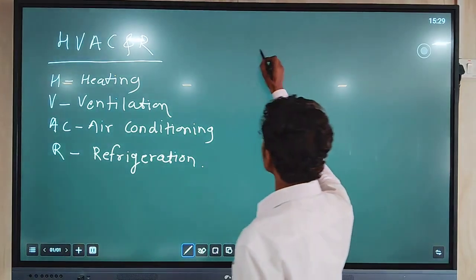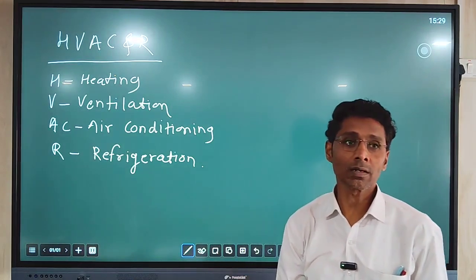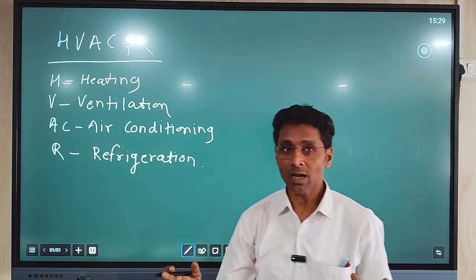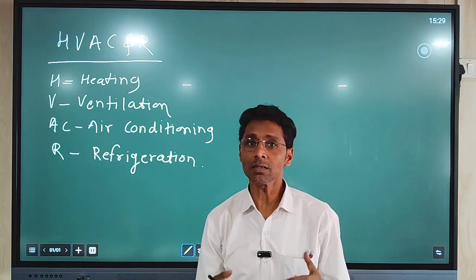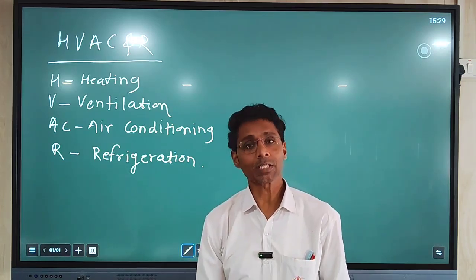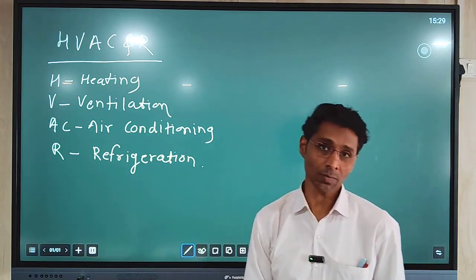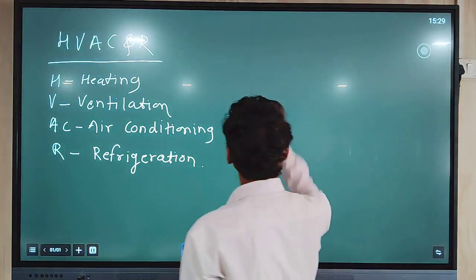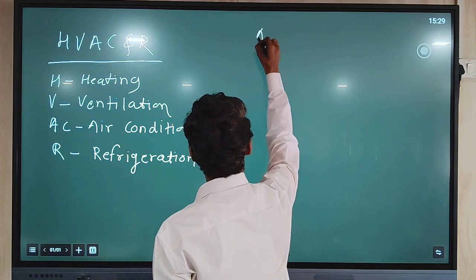Now HVAC is a big domain where different companies are manufacturing the machines which are used for some domestic purpose and for some commercial purpose. So we will have a list of the applications.